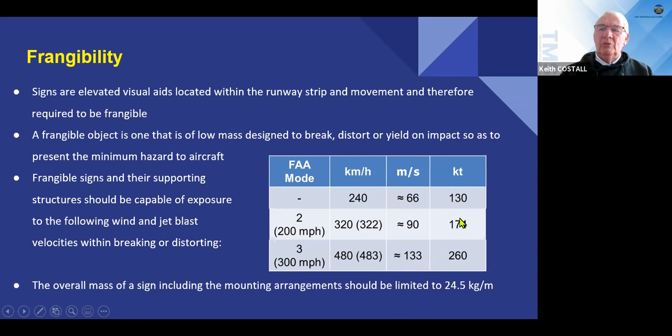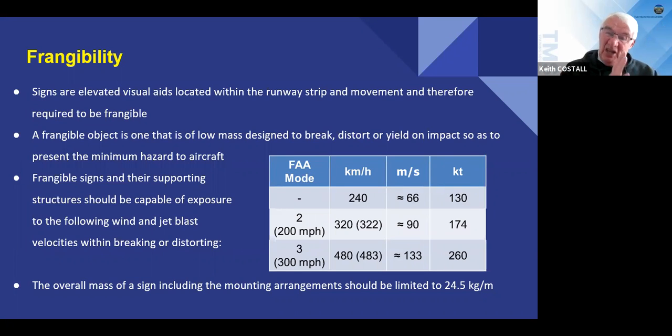So here we're talking about knots. So there's some of the criteria associated with wind and jet blast. That means that the sign shall be stable, it shall not break away from its mountings, and it should be capable of being exposed to both wind and jet blast, as I mentioned, without distortion.